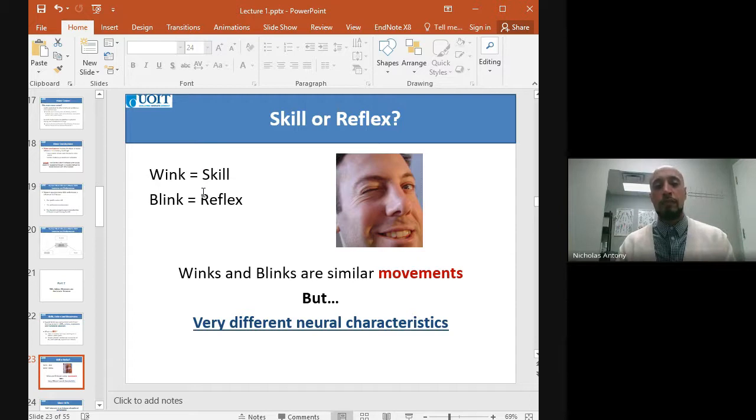So do you understand the difference between a skill versus a reflex? A blink and a wink are the same movement, but one is purposeful and one is not controlled cognitively. So wink and blink are similar movements, but with very different neural characteristics. What we're looking at in this course is motor skills, so the voluntary control of our movements.